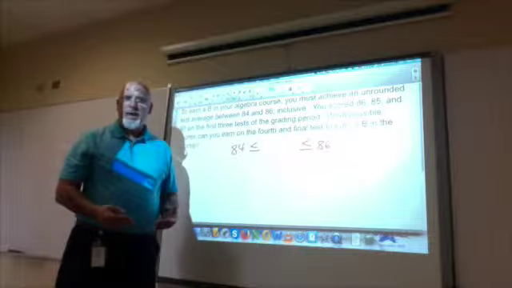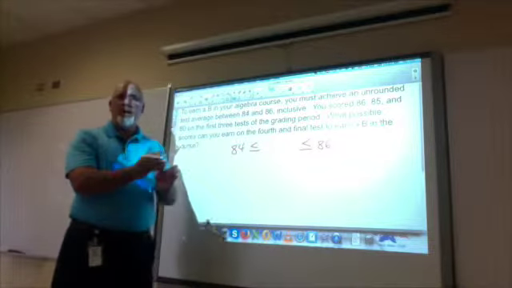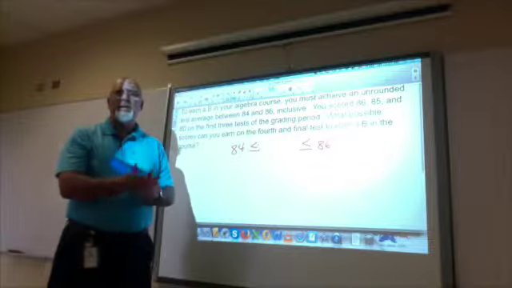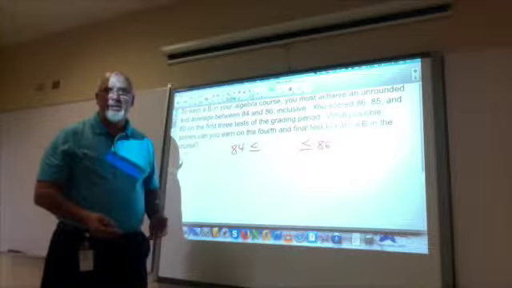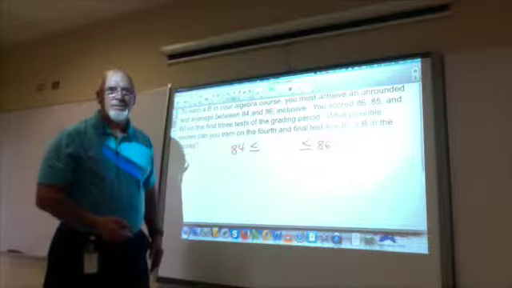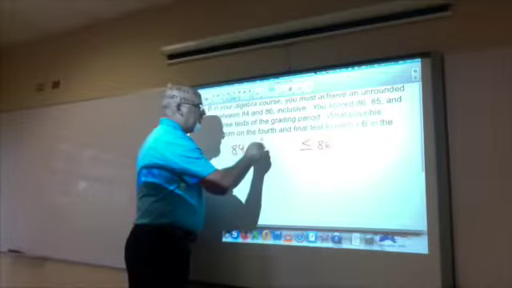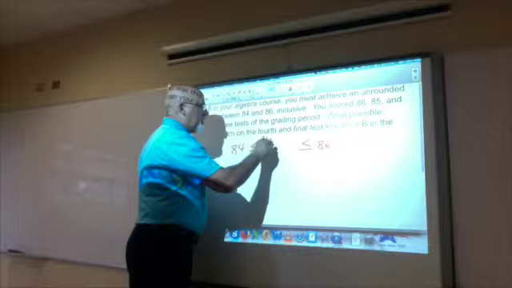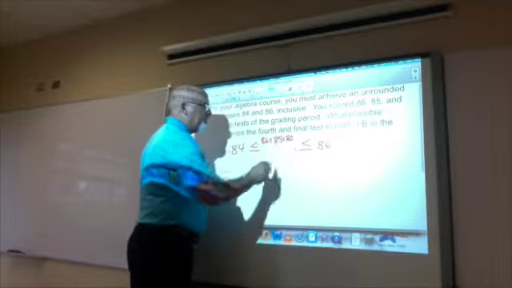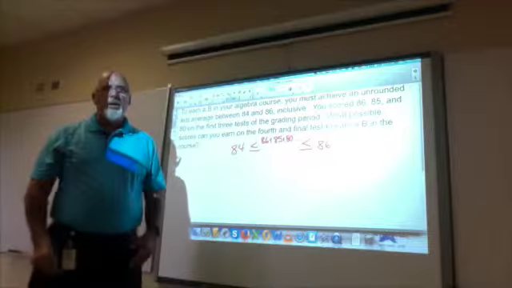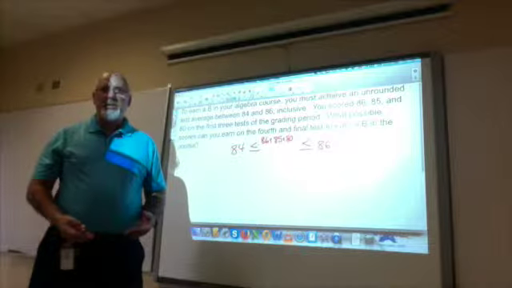And how do you find an average? You add up all the items in the sample space, then you divide by the number of items. Well, it says you scored an 86, an 85, and an 80 on the first 3 tests. And it says, what possible scores can you get on the 4th one?